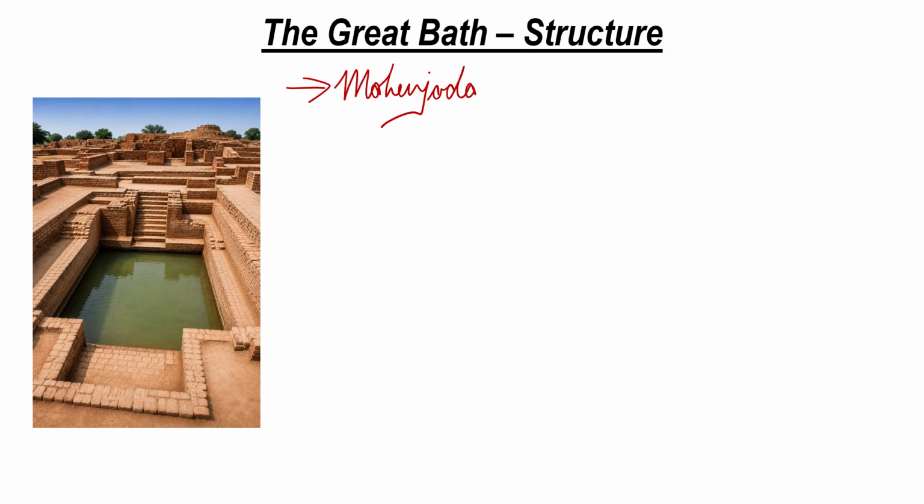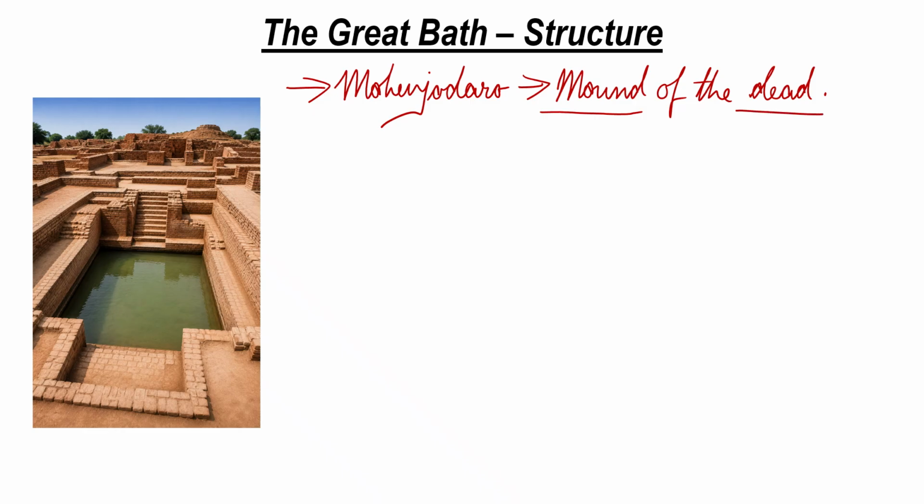And what does Mohenjo Daro mean? It means mound of the dead. So Mohenjo Daro has a mound, means a hillock kind of structure where we get many dead bodies. Hence it was initially called mound of the dead.